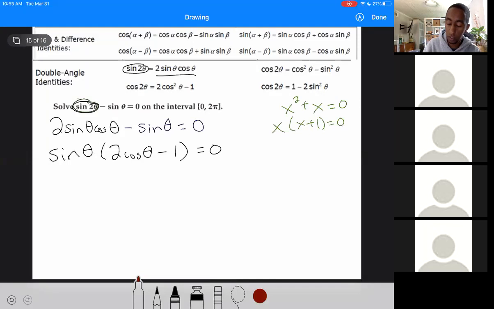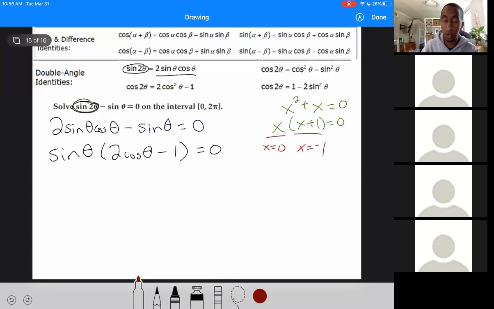One of them would be when x plus 1 equals 0, so x equals -1, because if you plug -1 in for x, you'll get -1 plus 1, and if this whole thing is 0, 0 times whatever this is still going to be 0, so that would be true. Or your other answer would be if this x equals 0, because 0 times whatever is in here is still going to equal 0.